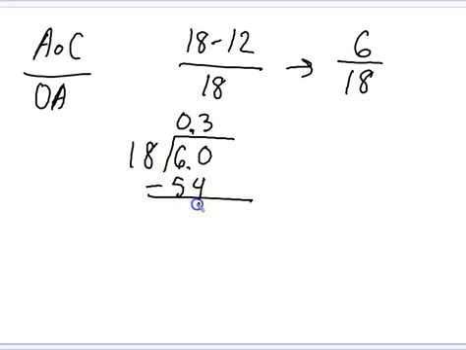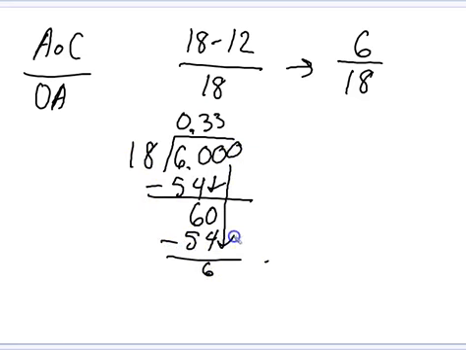I get a 6. 18 doesn't go into 6. You guys see the pattern already? 18 goes into 60 3 times, 54. 6. Need another 0. 18 goes into 60 3 times. It's a never-ending cycle. So we get our 3 numbers.